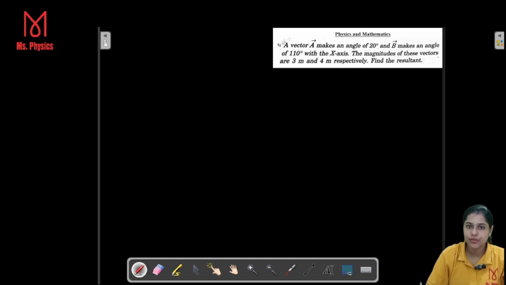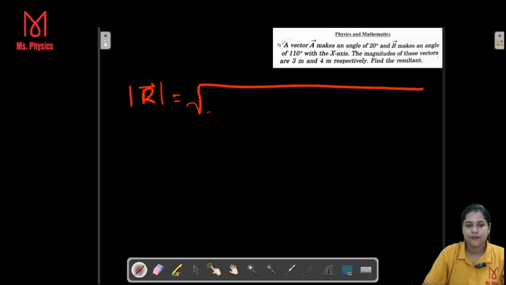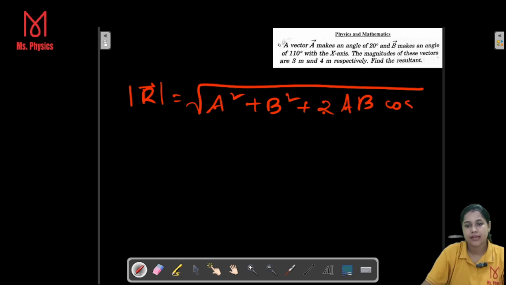One is magnitude, another is direction. Always remember. So here the magnitude of capital R you want to calculate, the formula is very well known to you. That is root of A square plus B square plus 2AB cos theta. And the derivation is also in your syllabus. You must practice it.